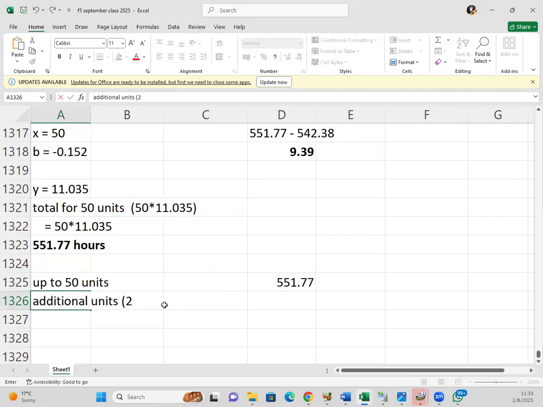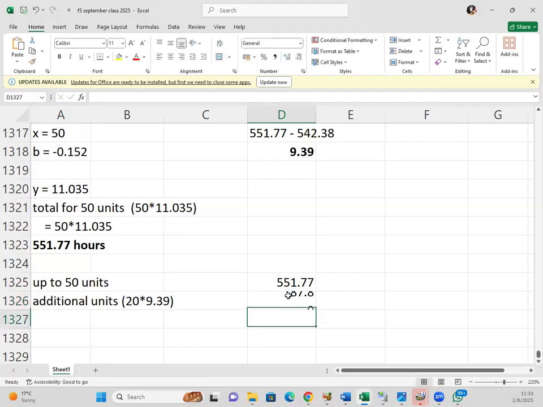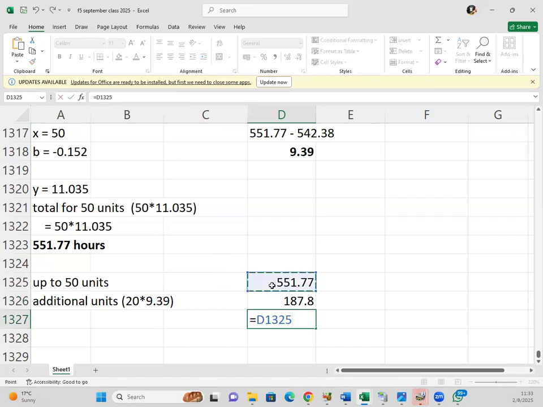So the additional 20 units are all going to be taking the same time as the 50th unit. So in total, for 70 units, after applying the learning effect, we are budgeting that the 70 units would take us 739 hours.